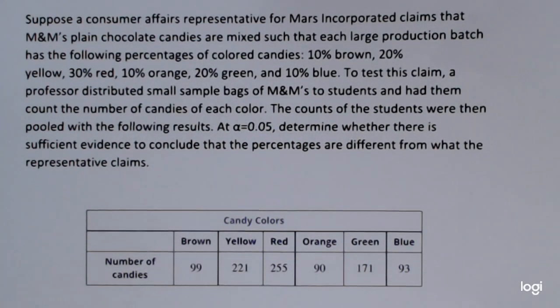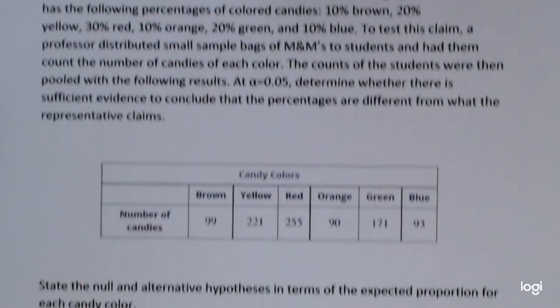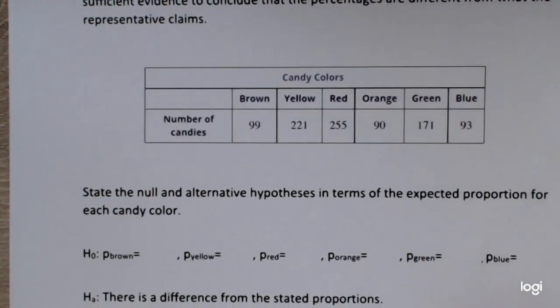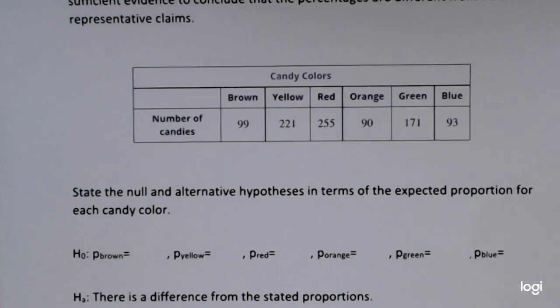So we want to determine whether there is sufficient evidence to conclude that the percentages are different from what the representative claims. So to state the null and the alternative, one way to do it is to state the null, or at least the null, in terms of the given or claimed proportions.